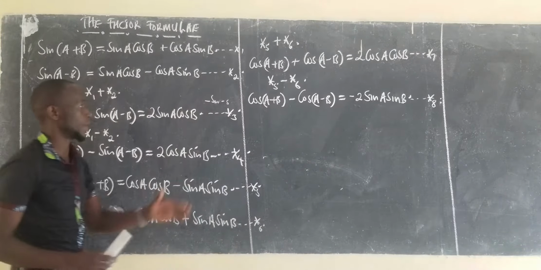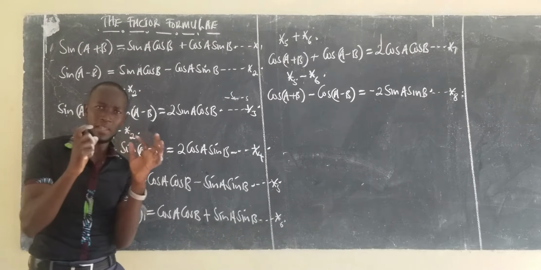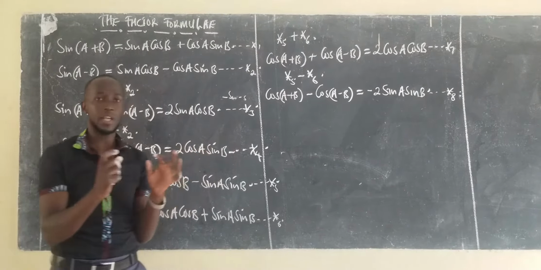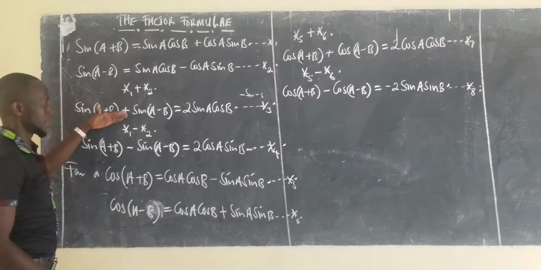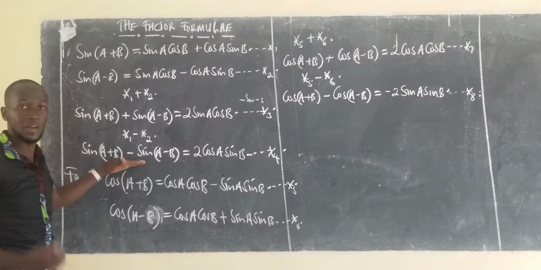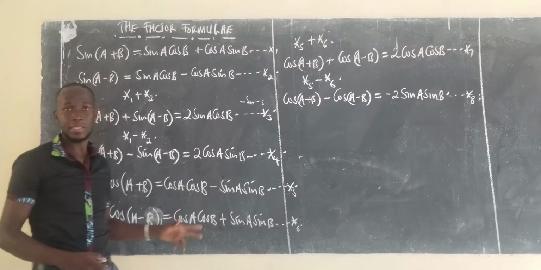If this is what we have, remember our target is to derive the expression that we call the factor formulae. Look at equation 3 and equation 4, the results of both addition and subtraction for both cosine and sine.